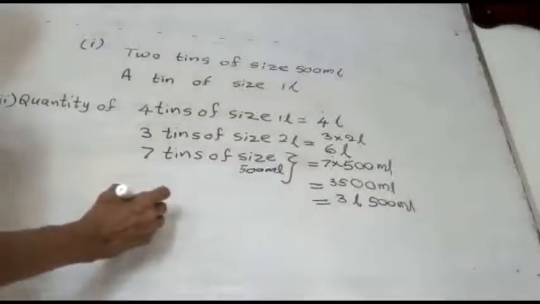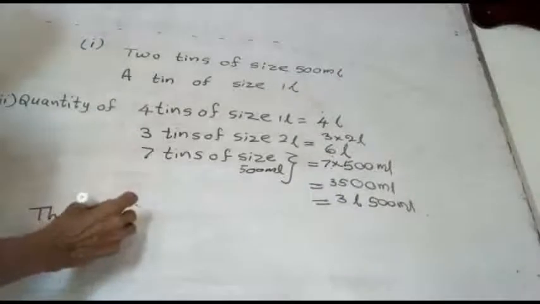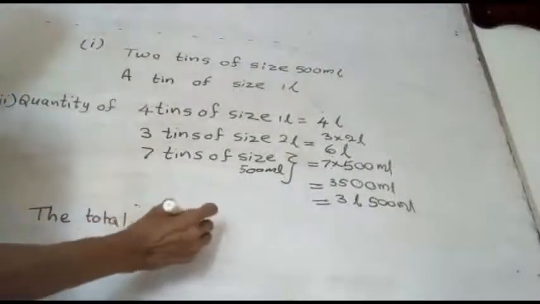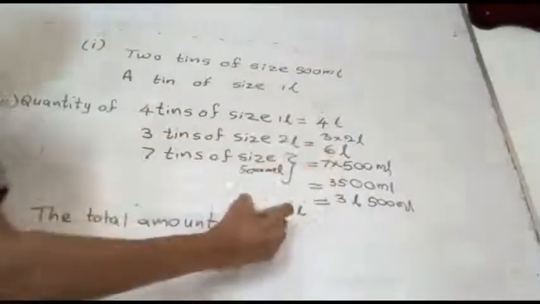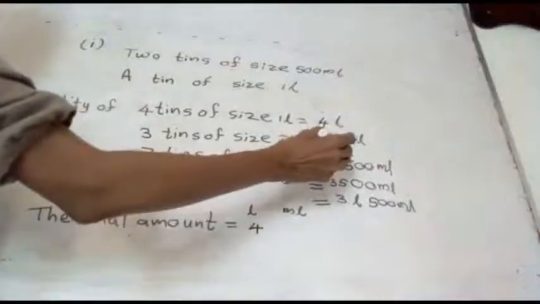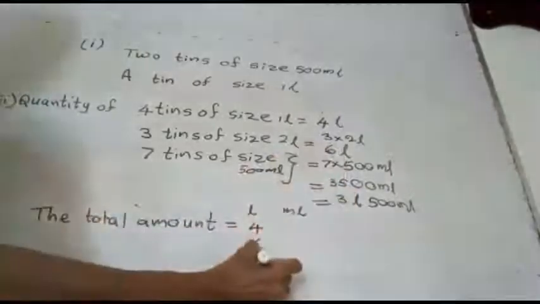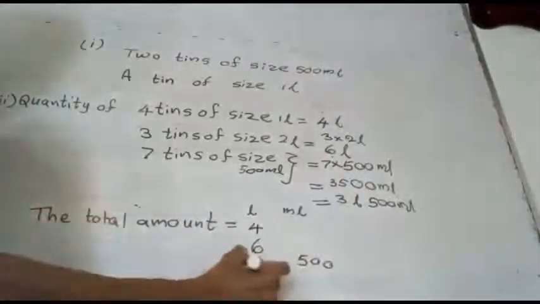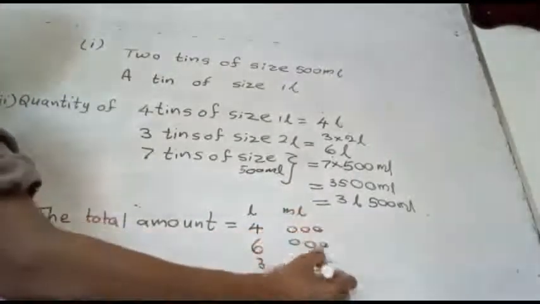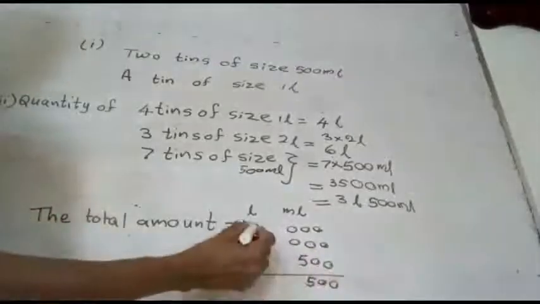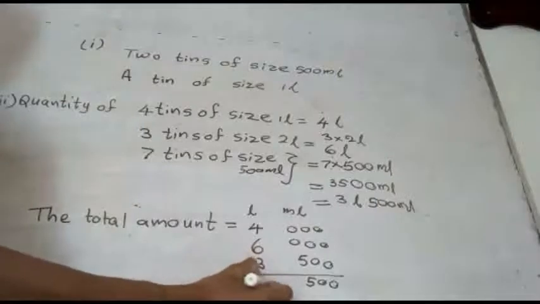The total amount is equal to 4 liters, 6 liters, and 3 liters and 500 milliliters. 6 plus 4, 10. 10 plus 3, 13.